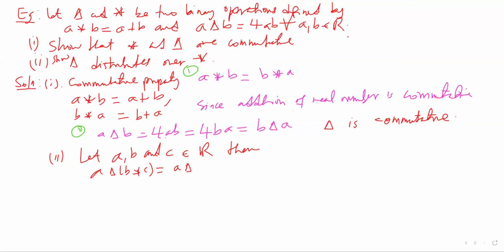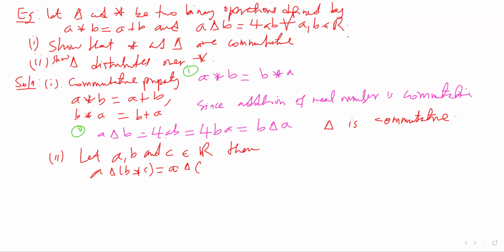So let's use that. So let's take first A delta, then B star C.